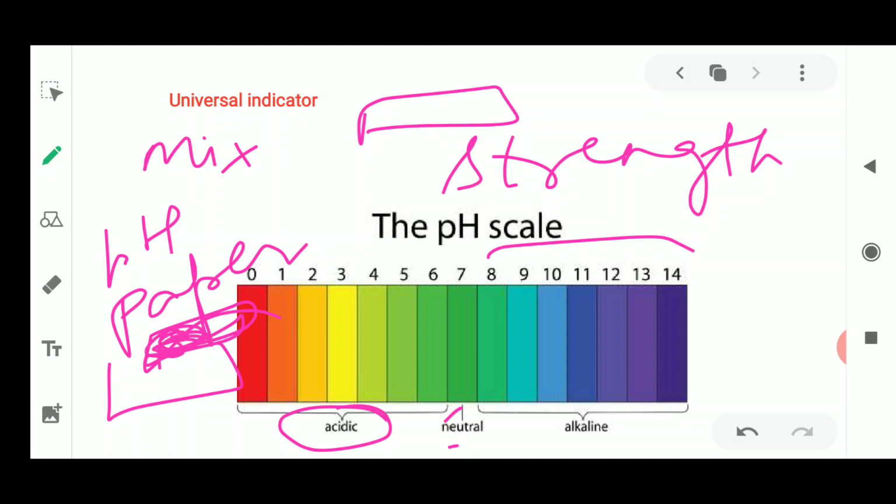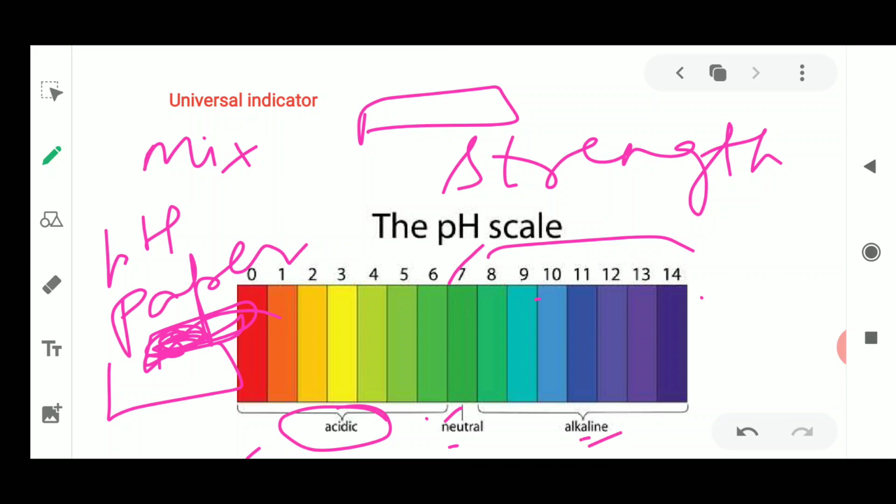Now if the color changes from red to light green, this means the substance is acidic. If the strip changes to green only, then it is a neutral substance. If the color change is to blue, dark blue, violet or purple, it is showing you that the substance given is basic in nature.